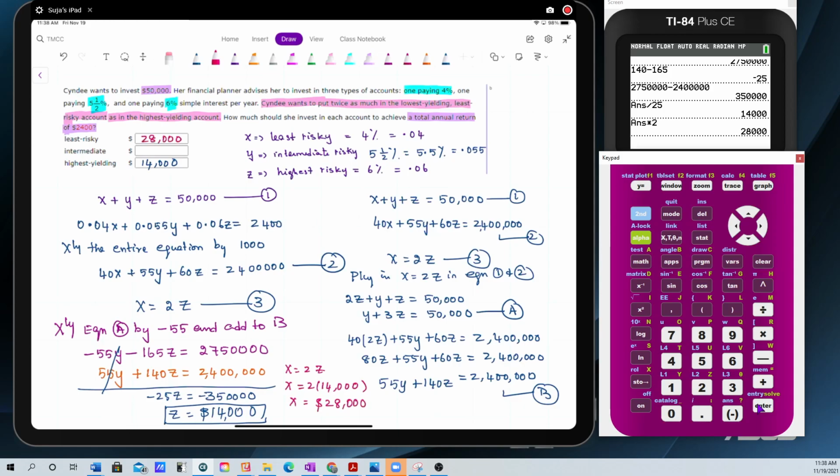Now from here I can do two things. Since I know 50,000 is the total, I can go back to equation 1 and plug it back. This X I know is 28,000, Z I know is 14,000. So if I add these two and subtract it from 50,000, I'll get my Y value. So Y would be equal to, add these two numbers, 28,000 plus 14,000, and then 50,000 minus that.